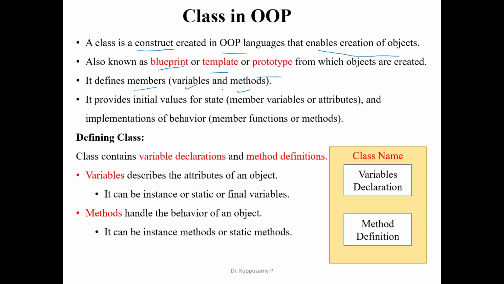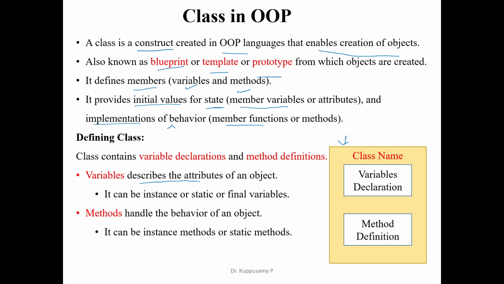Variables are called member variables, methods are called member methods. The class provides initial values for the object state and implementations of the object's behavior. So behavior is determined by the member functions, and the object's state is determined by the member variables. This is the representation of variable declaration and method definition inside the class.